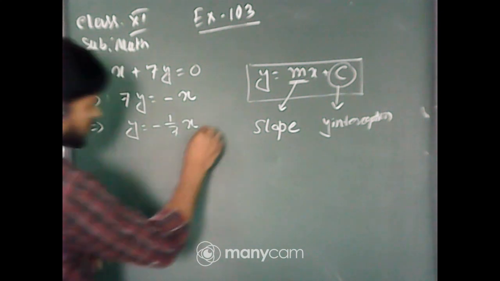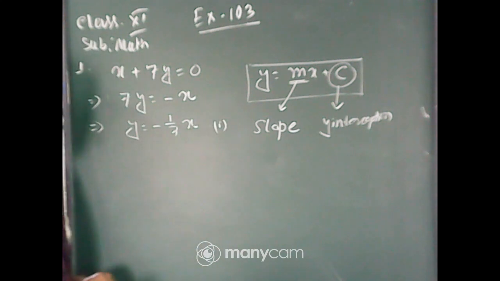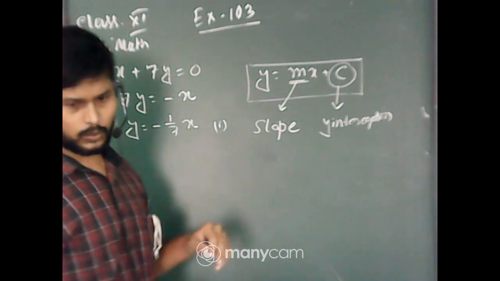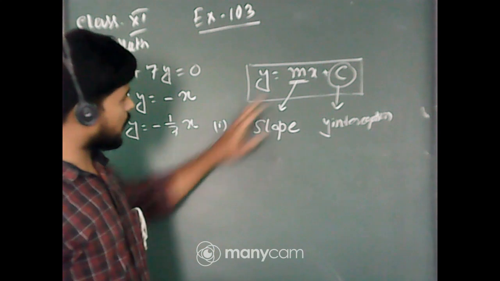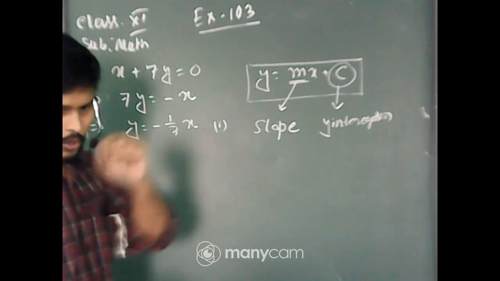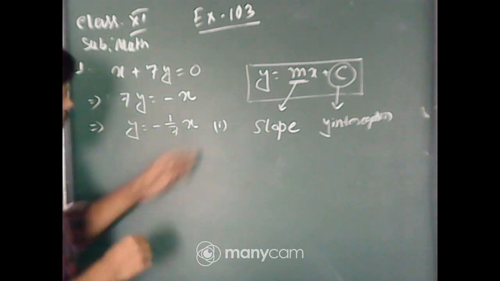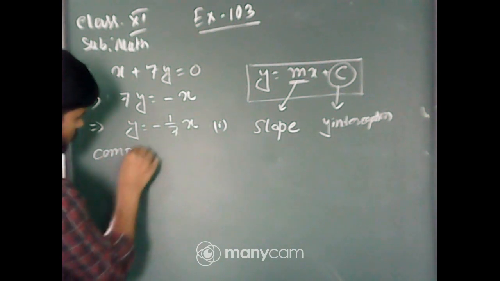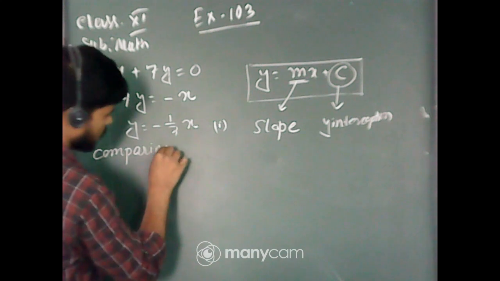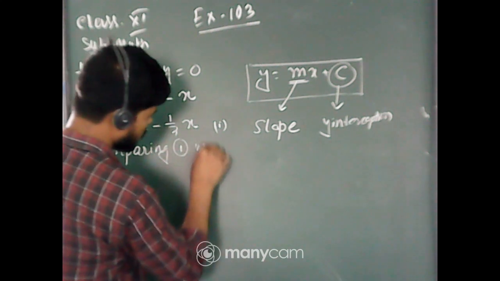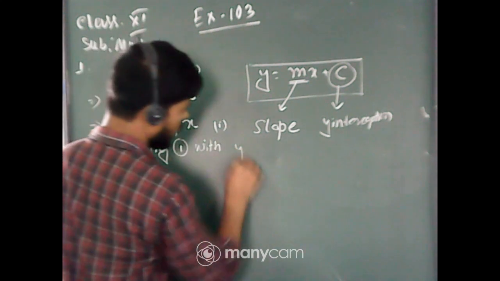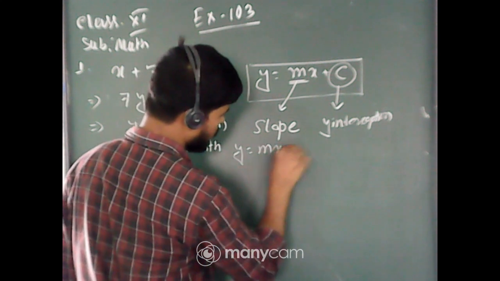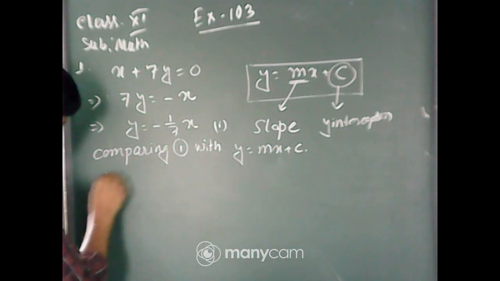Now this is our equation number 1 and this is our equation number 2. If I compare equation 1 with y equal to mx plus c, what is the value of m, the slope of the line?